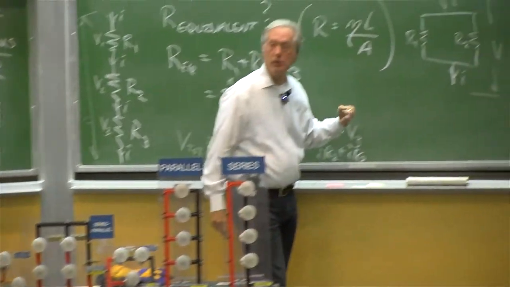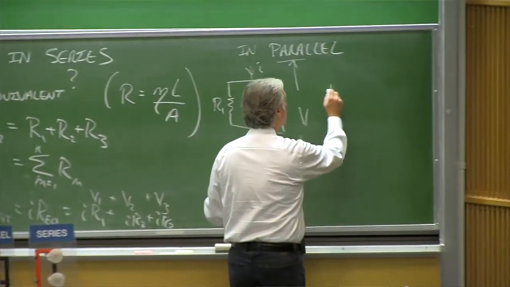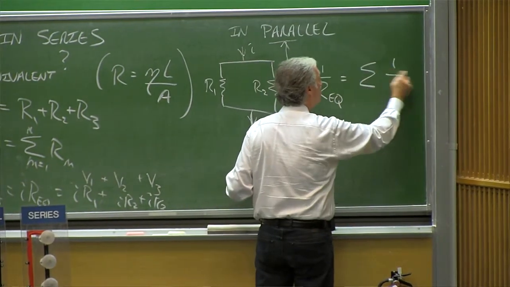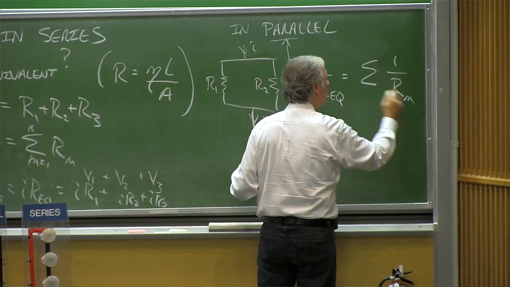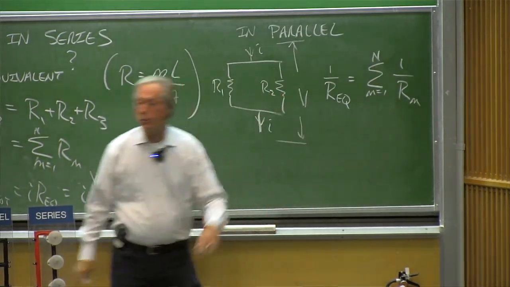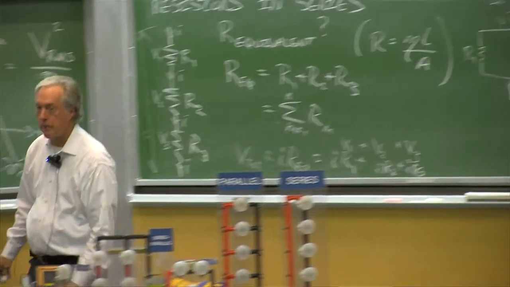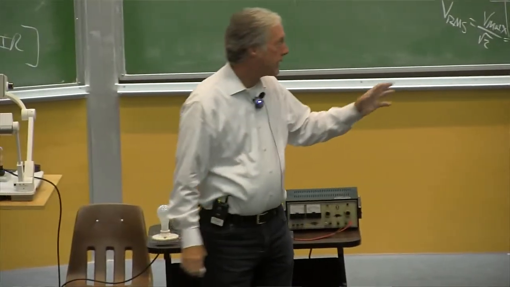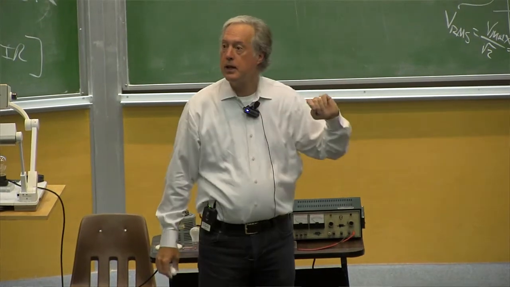And so what happens here is 1 over the equivalent resistance is the sum of 1 over the individual resistances. And then you can write your math equations if you want to have another way of seeing it.